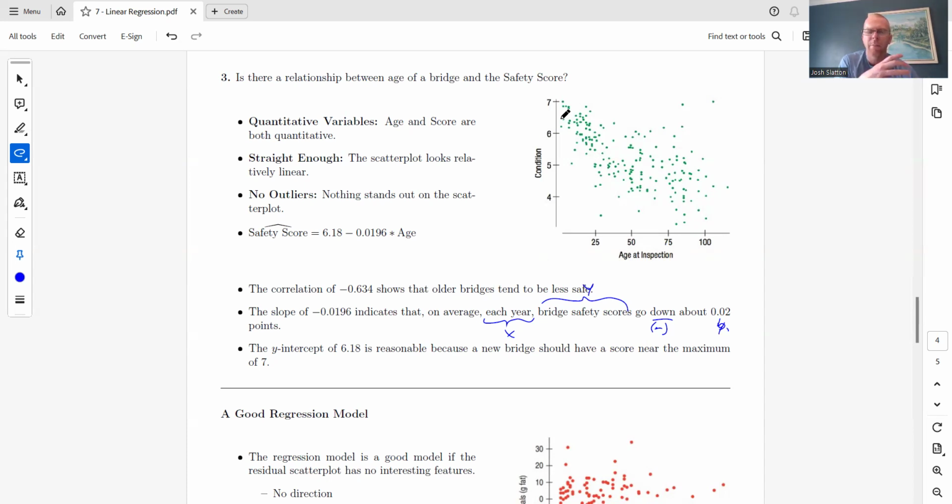You don't have to say it in a real mechanical, mathematical way. So a new bridge, when the age is 0, should have a score near the maximum of 7. And we can see that that's generally the case. I guess we don't have any that are exactly 0, but it seems reasonable that that would be a good prediction of what the score would be on a new bridge.